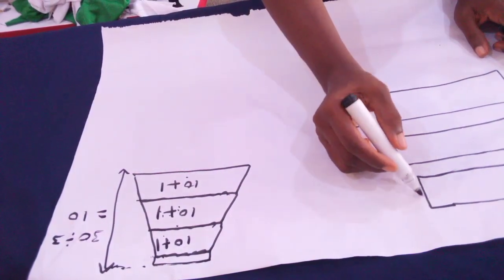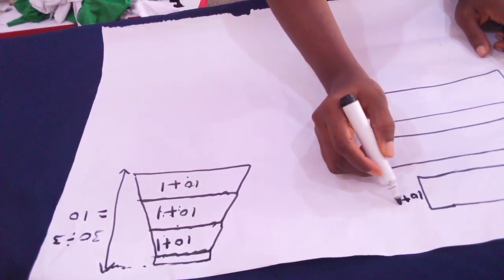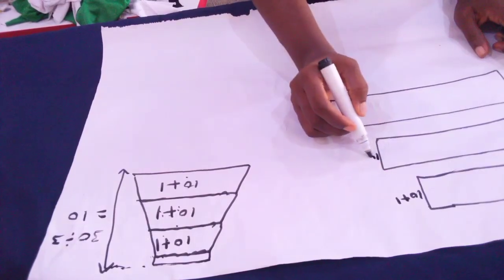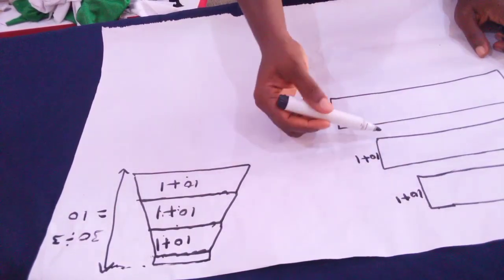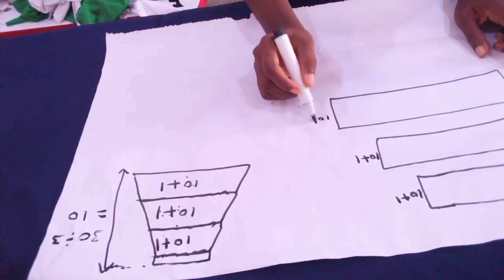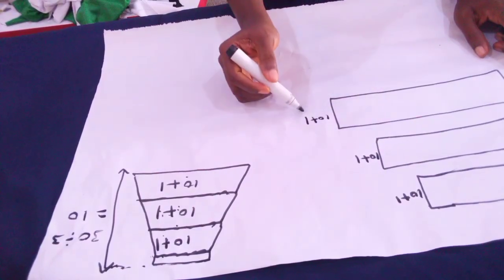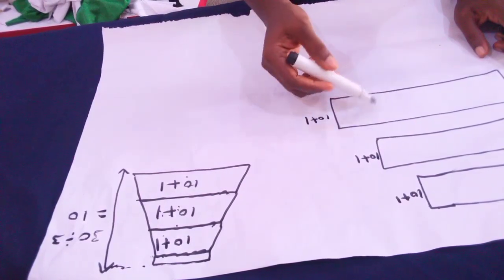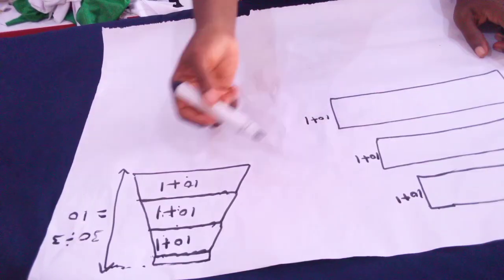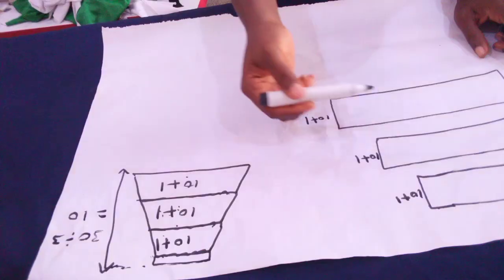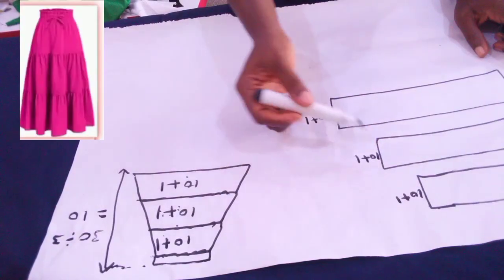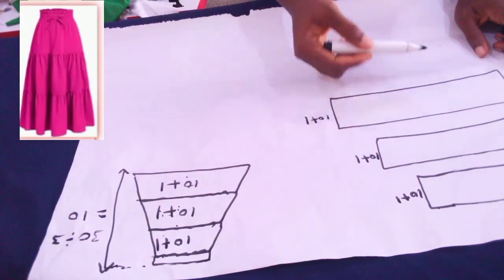So the length here is 10 plus 1. The 1 inch here is half an inch here, half an inch here for sewing allowance, for joining. So you can choose not to divide it equally, but the one we have on the video is divided equally. So we divided the length equally, 10, 10, 10 into 3 places.